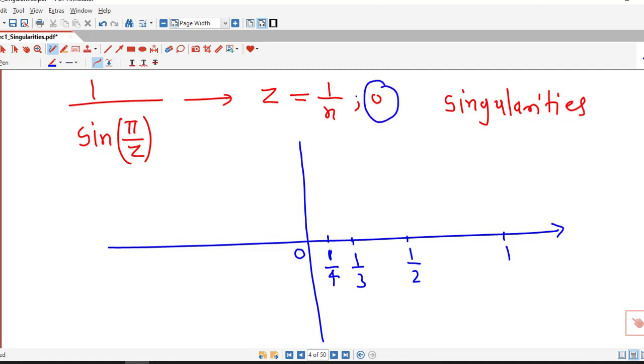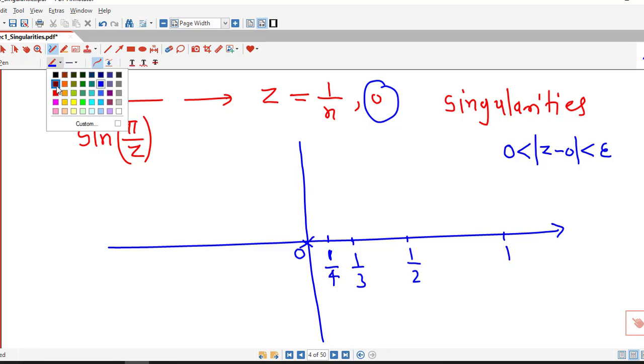z equal to 0 is a singularity of this function. Now we check whether we can find a deleted neighborhood of z equal to 0 in which our function is analytic. So suppose I consider a circle with center z equal to 0 and any positive radius.